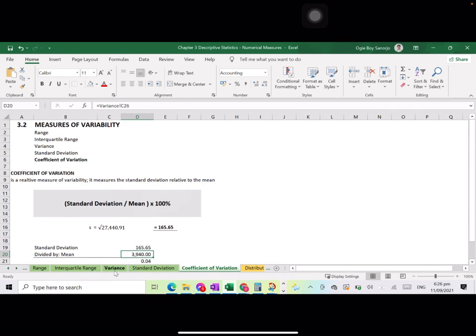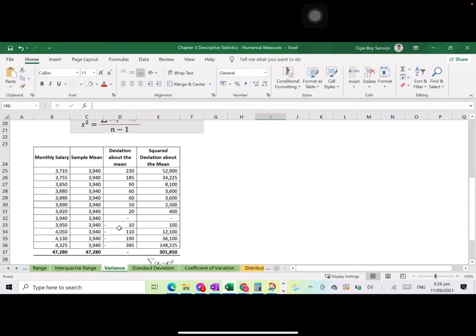So kung mapapansin nyo, sa variance ginamit natin yung mean, tapos after getting the difference between the mean and our observation, in-squared natin yon. So after natin i-square yun, divide by the number of observations minus 1 if we're talking about samples.